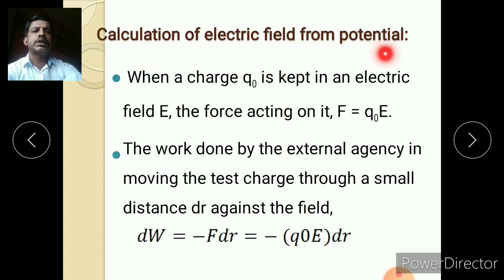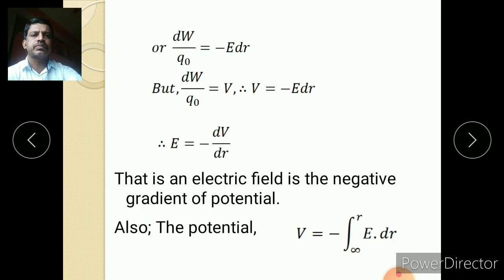Calculation of the electric field from the potential. When a charge Q0 is kept in an electric field E, the force acting on it is F is equal to Q0 E. The work done by the external agency in moving the test charge through a small distance dr against the field is given by dW is equal to minus F dr is equal to minus Q0 E dr, or dW upon Q0 is equal to minus E dr. But dW upon Q0 is equal to dV, therefore dV is equal to minus E dr, therefore E is equal to minus dV upon dr. That is, the electric field is the negative gradient of potential.